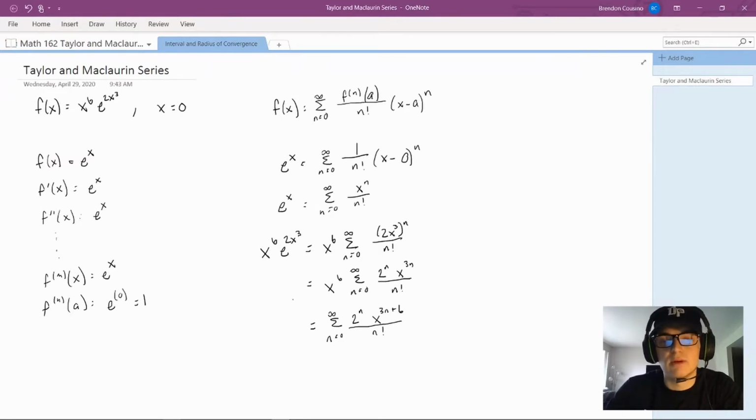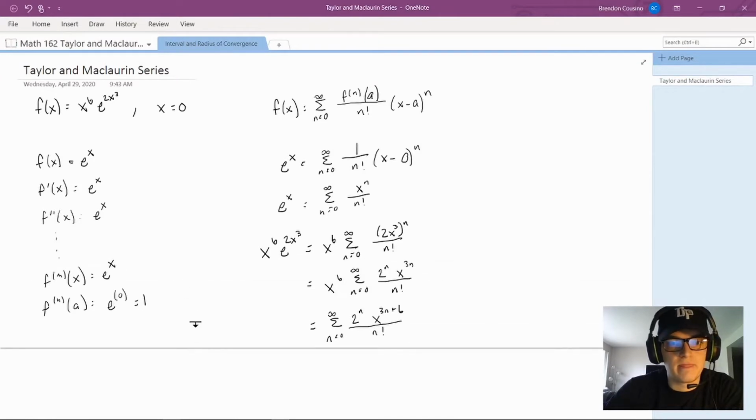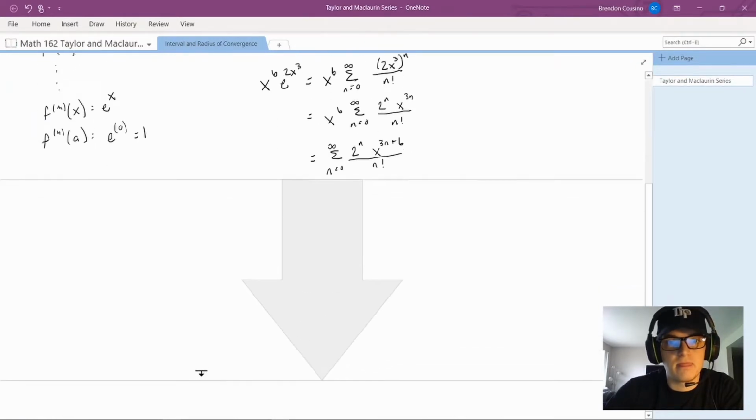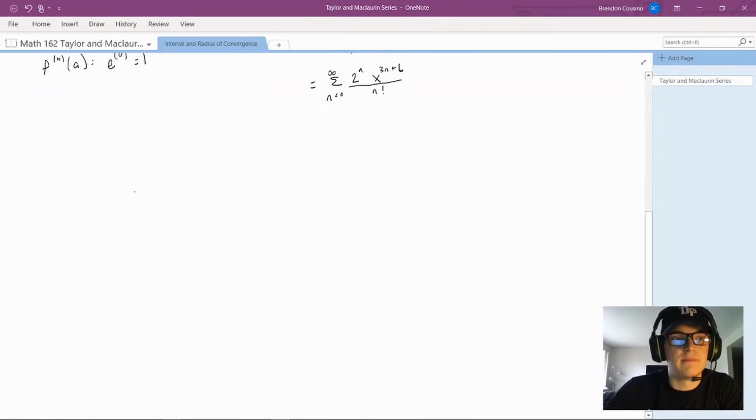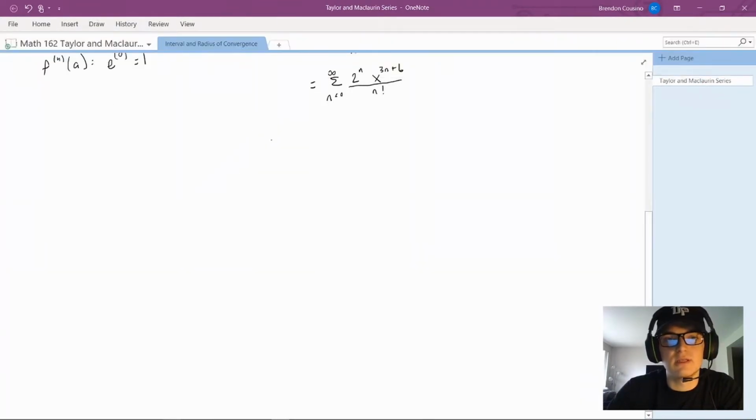Now we want to find the interval and radius of convergence of this. Just like on our power series, we're going to use the ratio test. Let me go ahead and get some more space. Okay, so let's use the ratio test.